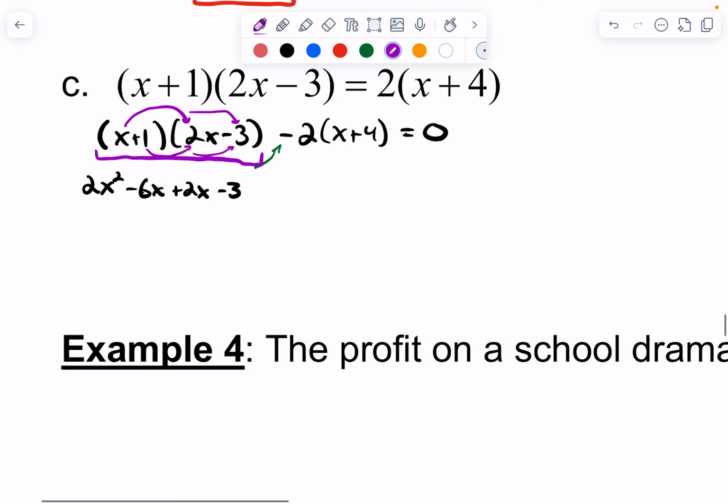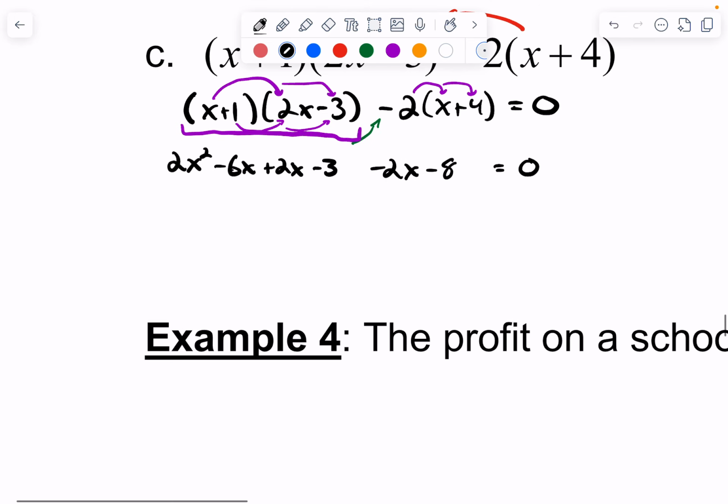And then expand this negative 2 in here to both of these. You'll get minus 2x minus 8. And again, that's still all equals 0. Collect your like terms. So we have 2x squared. This 2x and this 2x cancel. So minus 6x minus 8 equals 0.